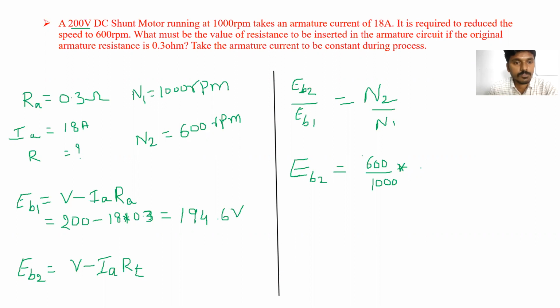EB1, what is the value of EB1? 194.6. Okay. So can you tell what is the value of this one? 600 by 1000 into 194.6.